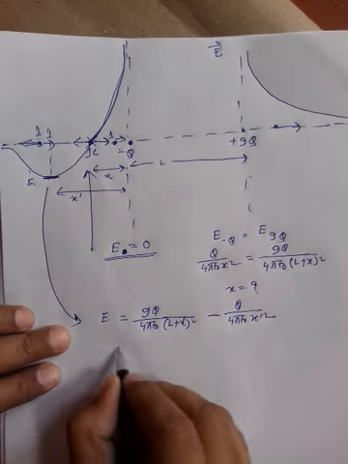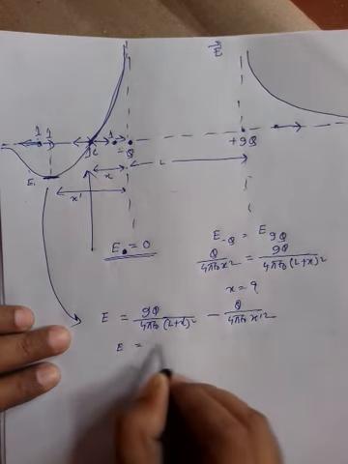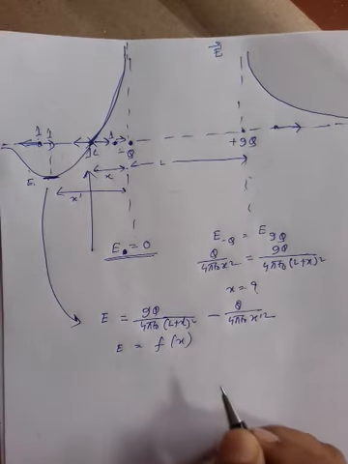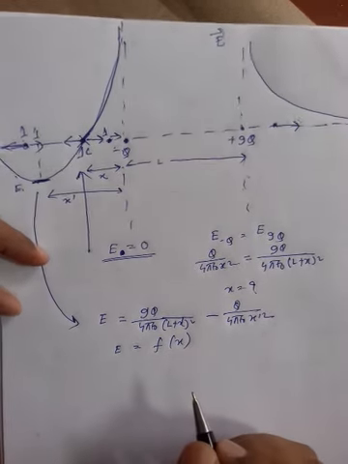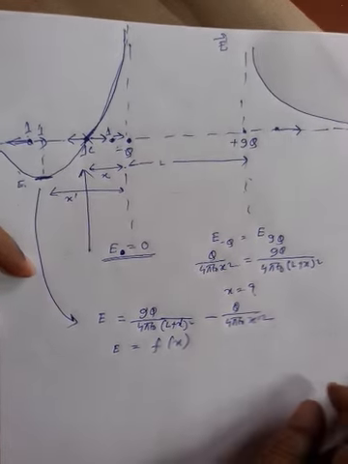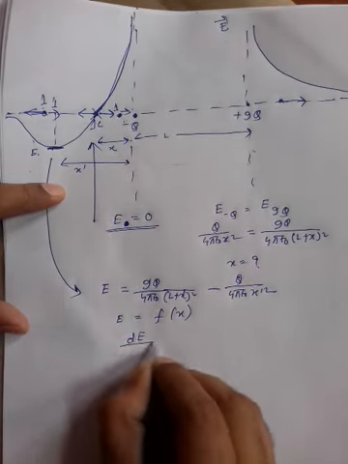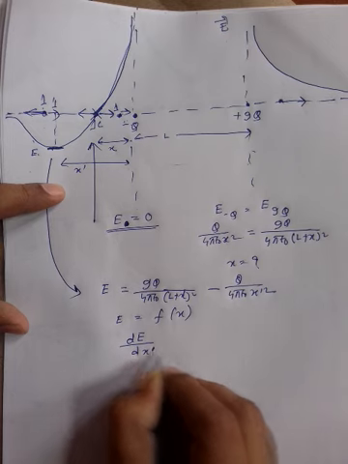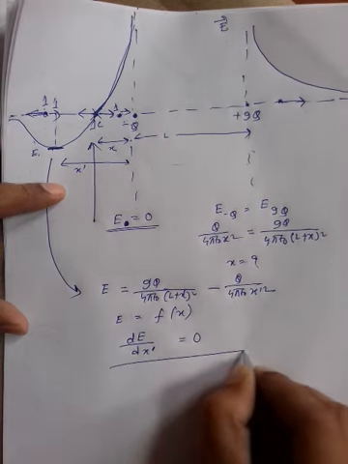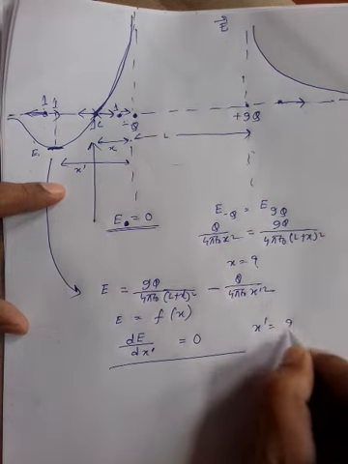This is L. So E is a function of x. We know how to find maximum or minimum, same concept. To get the maximum value of the field, differentiation of E with respect to x dash should be equal to 0. By this we will get the value of x dash if required.